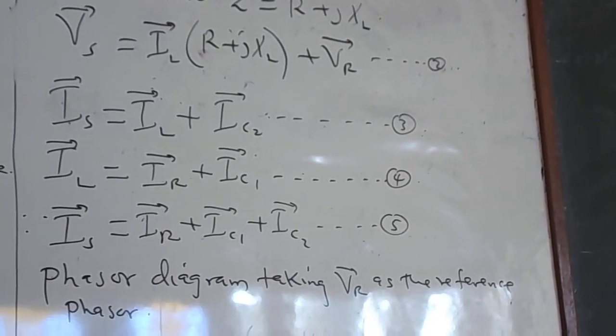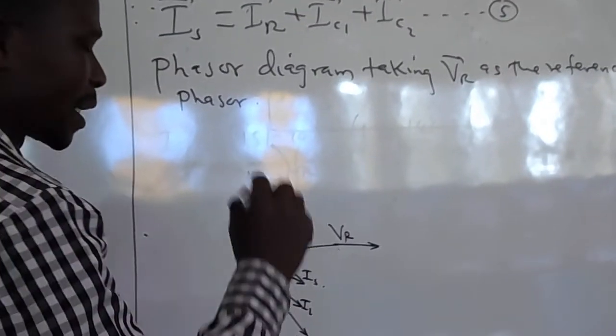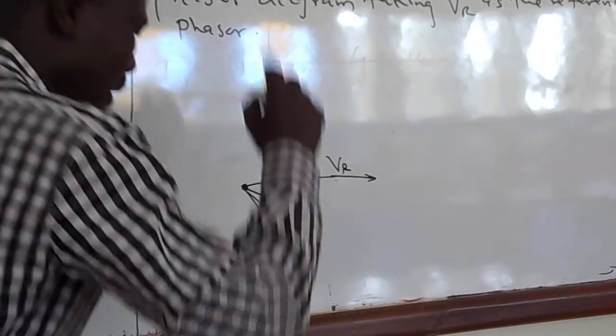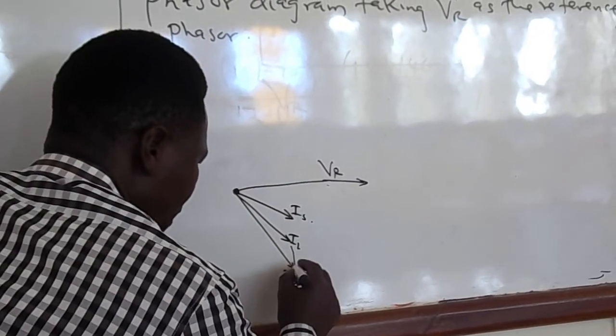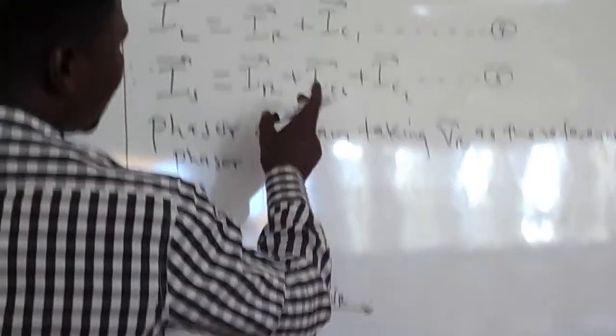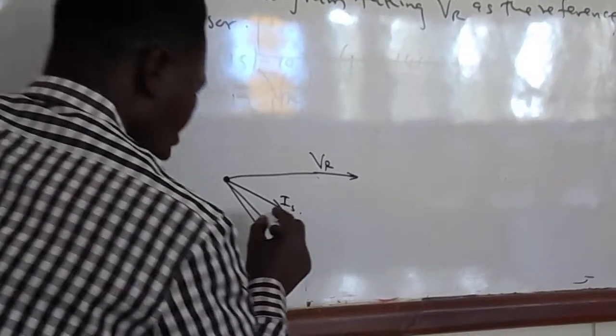And therefore, it's the leading current, leading by 90 degrees, so it will be vertically upwards. That is IC1.